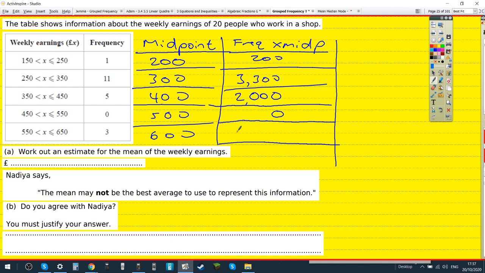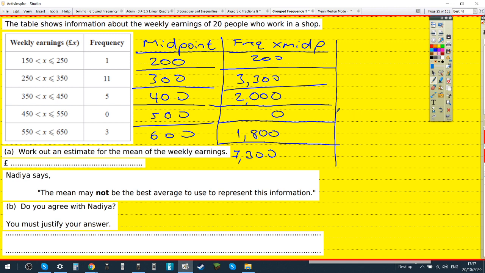And the one after that is 1,800. And the total is 7,300.